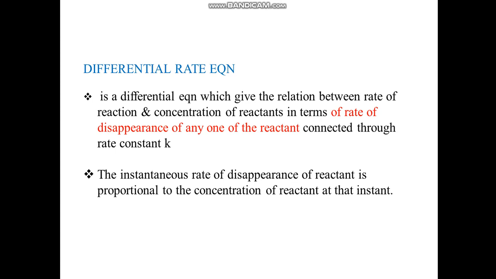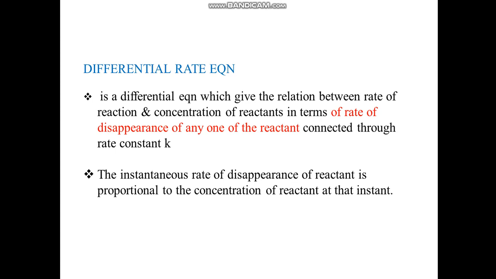That is, the rate of disappearance of any one of the reactants is related to the concentration of the reactant, or the product of the concentrations of the reactants, through the rate constant K. It represents the instantaneous rate of disappearance of the reactant and is proportional to the concentration of the reactant at that instant.